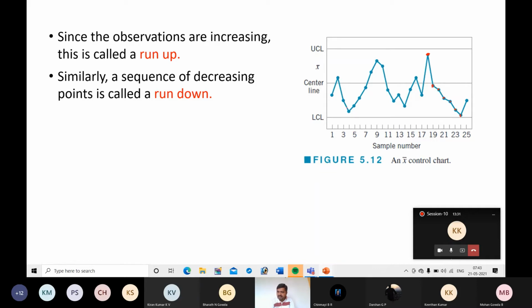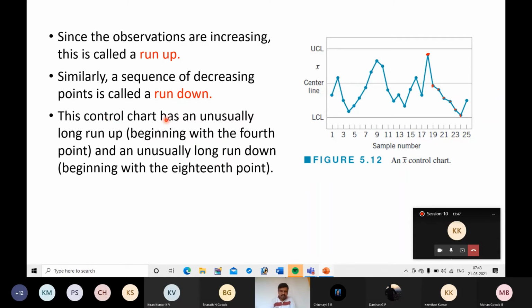So here it is an increasing run, whereas this is a decreasing run, a run down. Similarly, a sequence of decreasing points like this is called a run down.